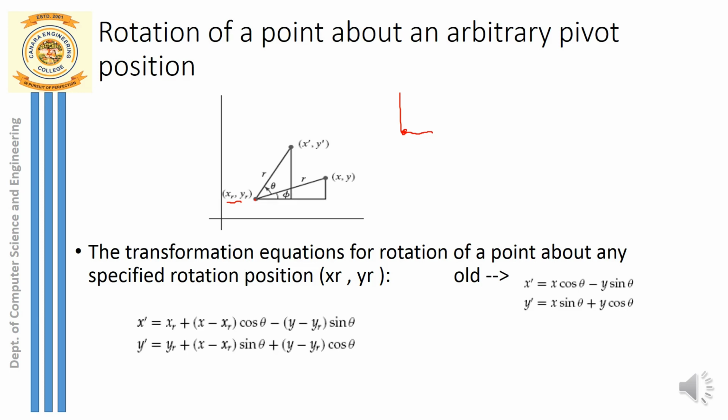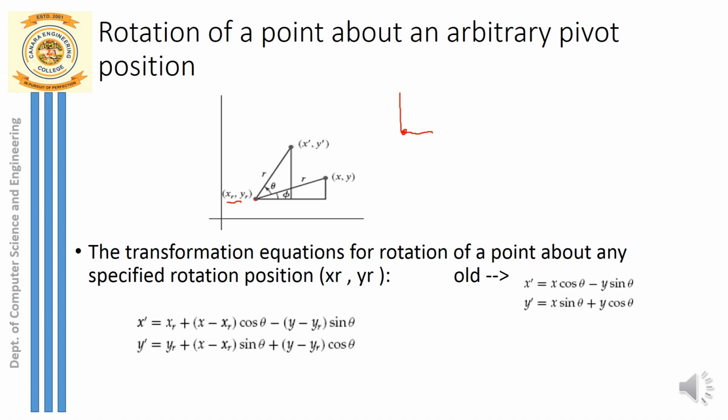The original point before rotation is x comma y, which is making an angle phi along the x axis, and after performing rotation by an angle theta, the point is x dash y dash.